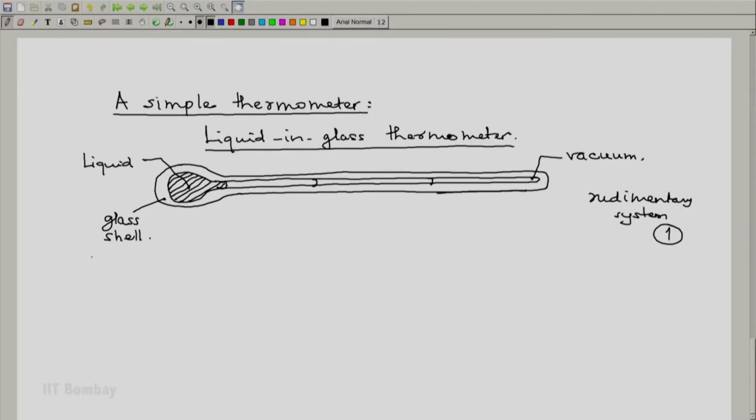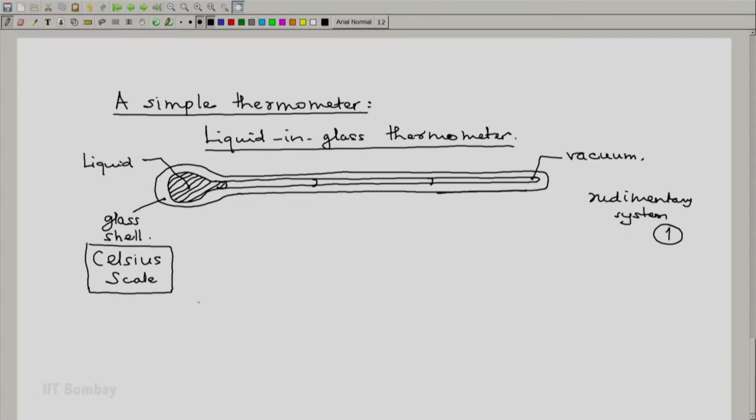For the labeling, what we have to do is prepare a scale. The simplest scale which is still used is the Celsius scale. We will take this as an example, and what I will provide you is the historical development of the Celsius scale.